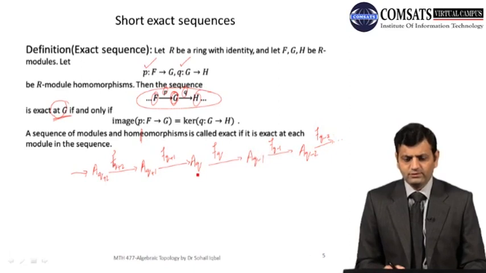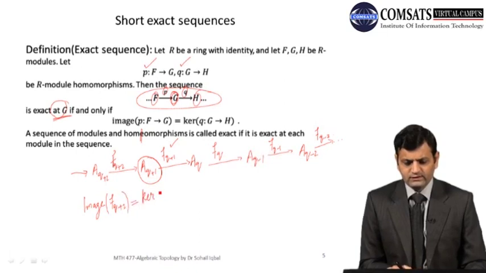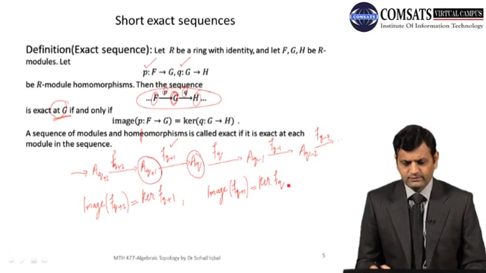This sequence of R modules and R module homomorphisms is exact at A_{q+1} if the image of f_{q+2} is equal to the kernel of f_{q+1}. Similarly, it is exact at A_q if the image of f_{q+1} is equal to the kernel of f_q. Similarly, it is exact at A_{q-1} if the image of f_q is equal to the kernel of f_{q-1}, and so on.